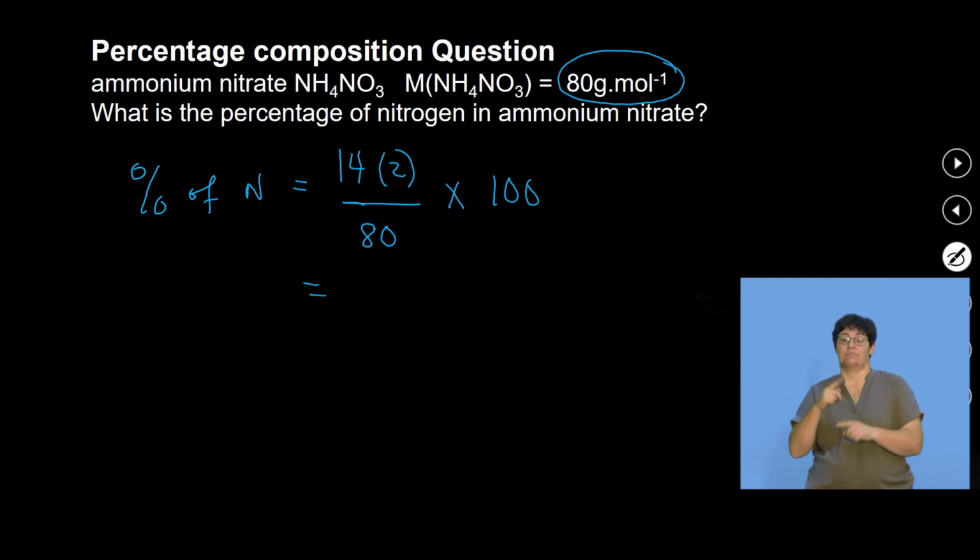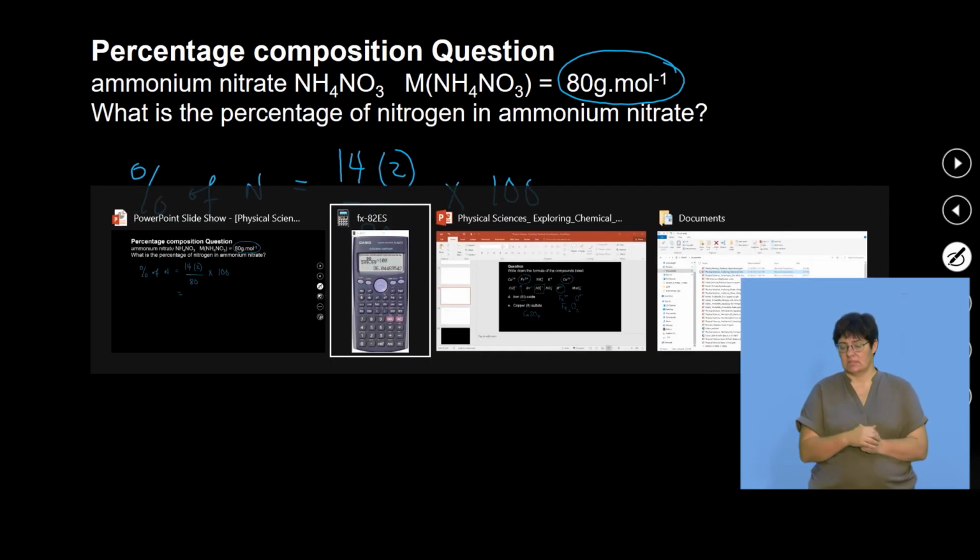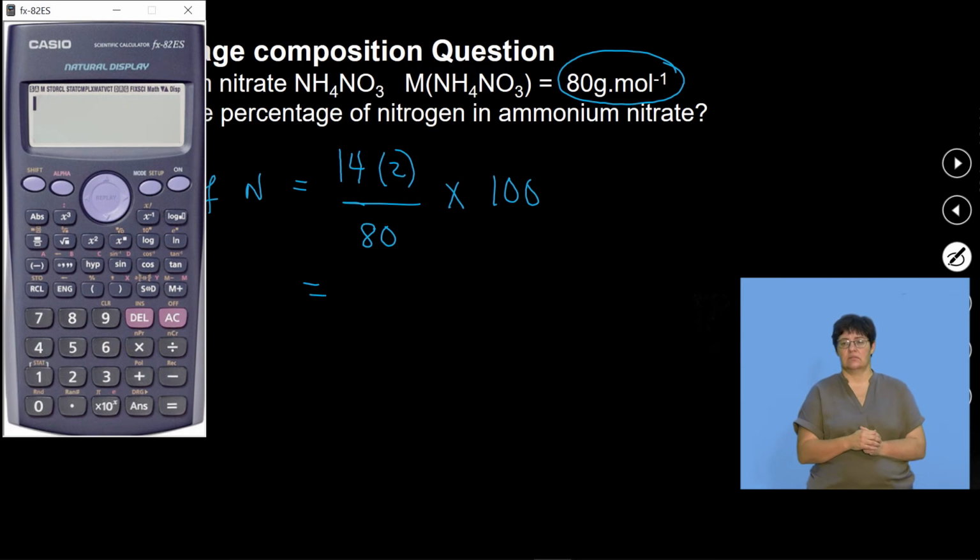If we go to our calculator, 14 times 2 gives us 28, divided by 80, multiplied by 100, which gives us 35%.